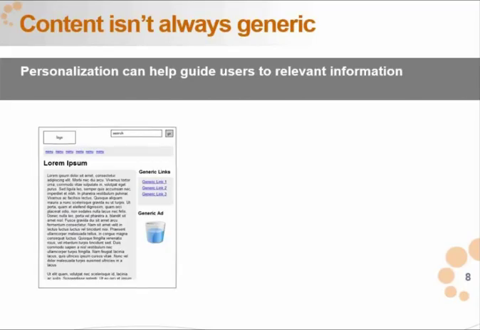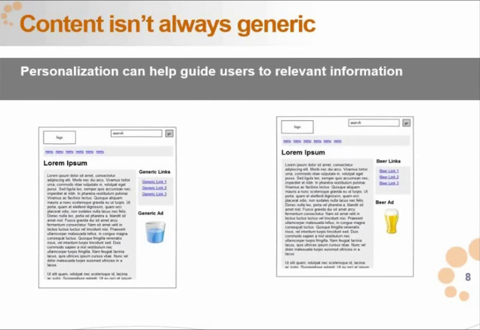However, if we know that a web user is interested in some other drink, for example, beer, we can change the generic ad to be more specific to them. Or we can change the generic links to be some other links that are related to beer.